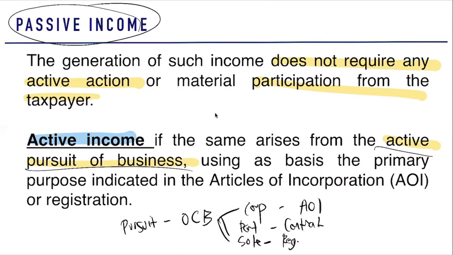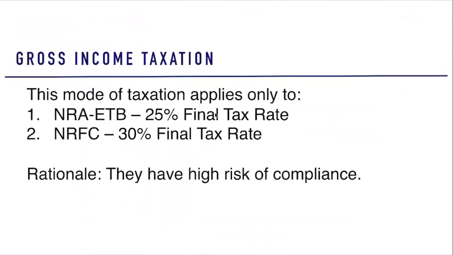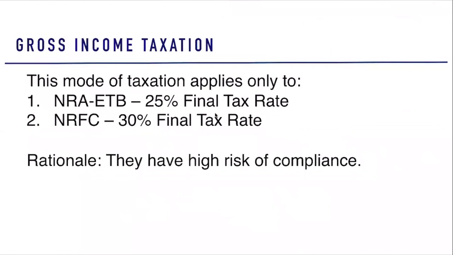Okay, so our main dealings now in this particular video or lecture, we learn about your passive income. We go first to a particular item which we discussed also before, gross income taxation. We said we can be taxed on net income taxation or gross income taxation.